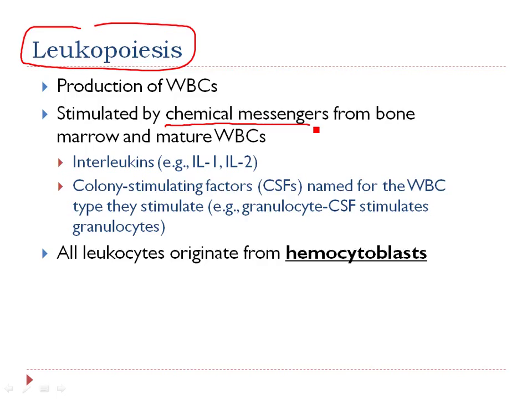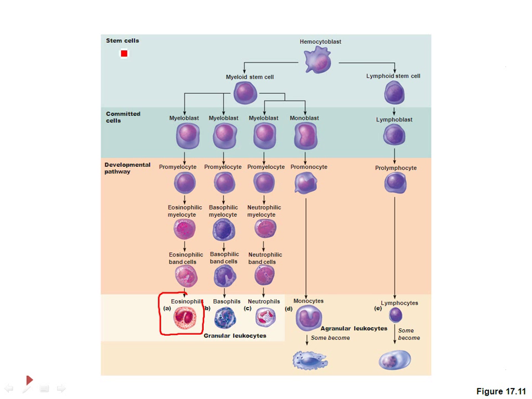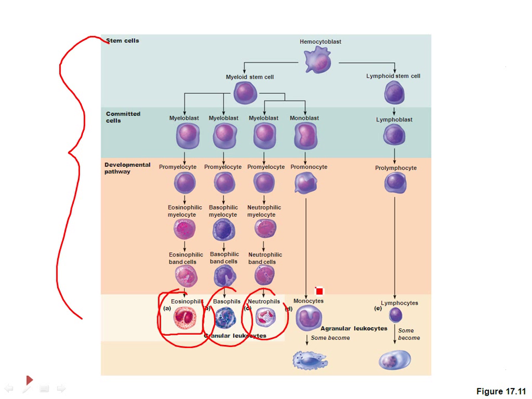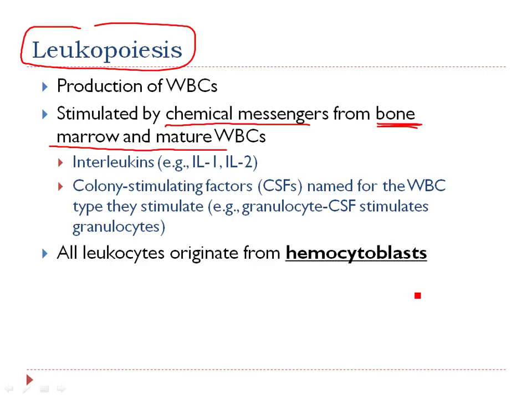Those will travel to the bone marrow, and when they arrive in the bone marrow, different chemical messengers will cause different amounts of these mature white blood cells to specialize and develop, depending upon your needs.